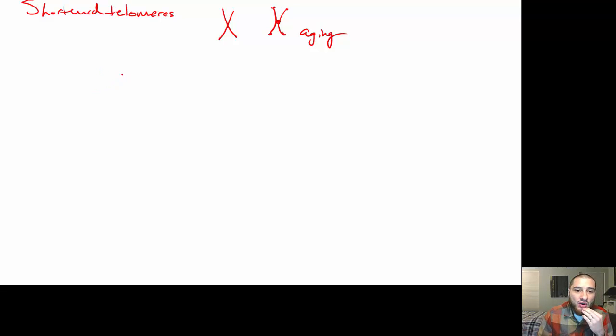And what we call it is Hutchinson-Gilford progeria syndrome.